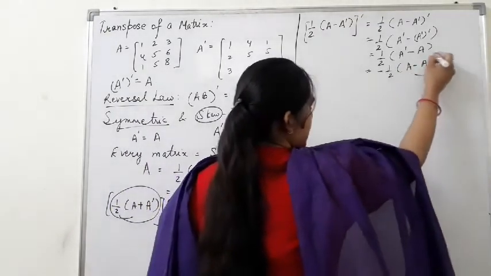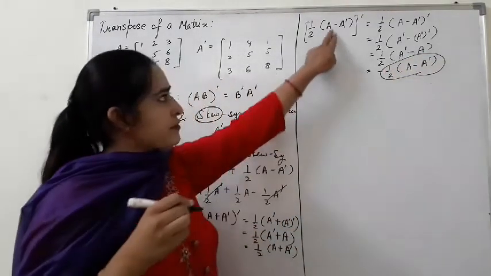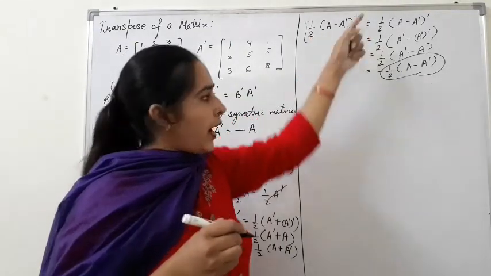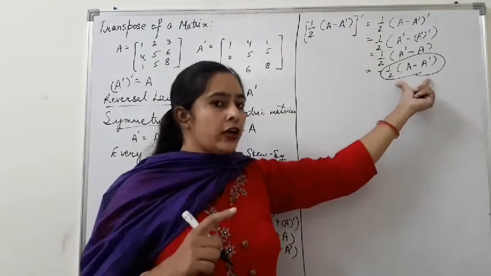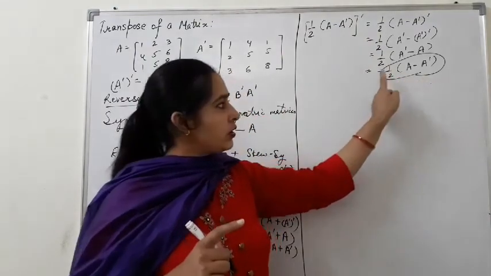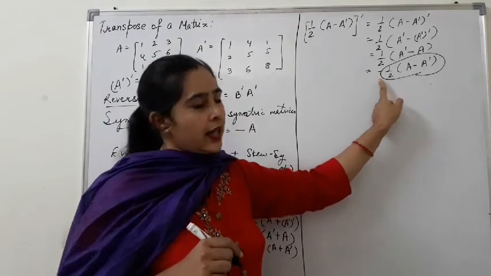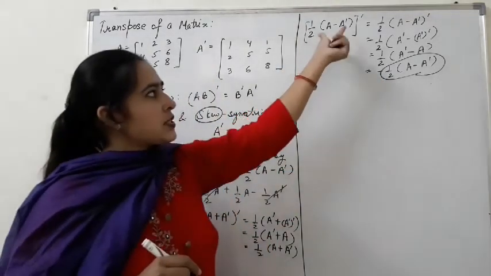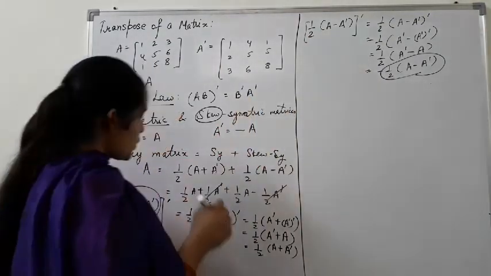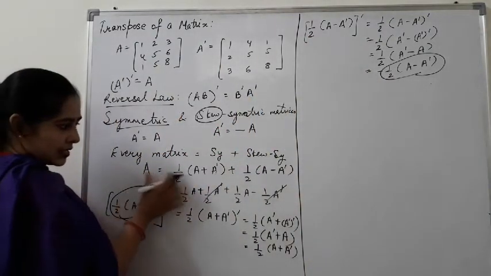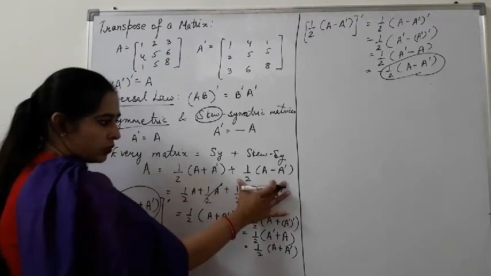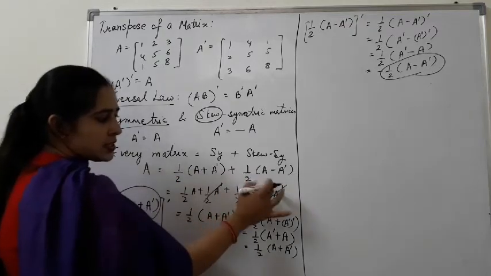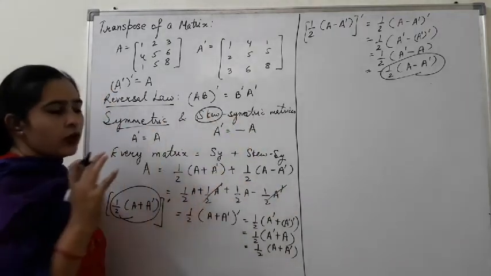Now what is this? This is the matrix we started with. We have taken the transpose of this matrix, and we have arrived at the same matrix with a negative sign. That means this condition is satisfied. So this matrix is skew symmetric. So we can write a matrix as a sum of symmetric and skew symmetric, where this part is symmetric and this part is skew symmetric, as we have proved.